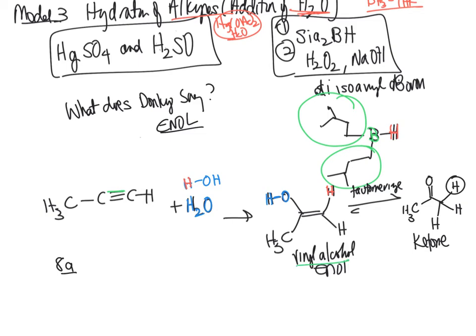What is another name for vinyl alcohol? It's enol. And what's the En stand for? An alkene. There's your alkene. And what's the Ol stand for? Alcohol. There's your Ol. Okay, so that's where you get the enol. And it's those functional groups.